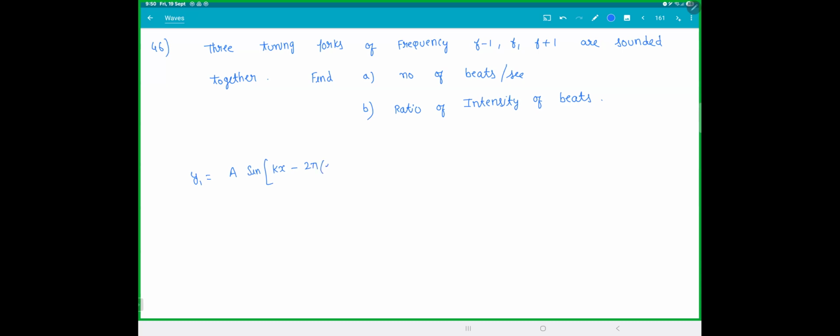Omega is 2πf, no? y2 is a sin(kx minus 2πft). y3 is a sin(kx minus 2π(f plus 1)t). We have to add all these three, isn't it? My suggestion: when you add them, add 1 and 3 first and then add y2 next. You will see something nice. Get it?